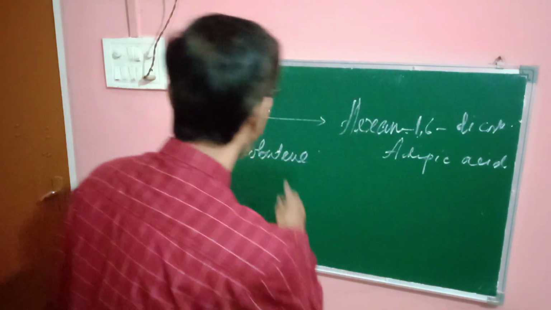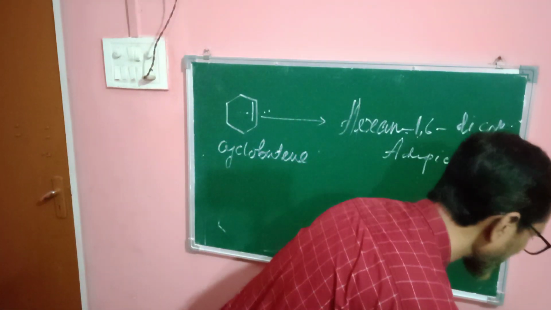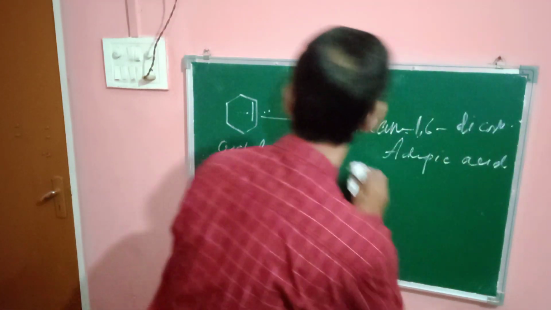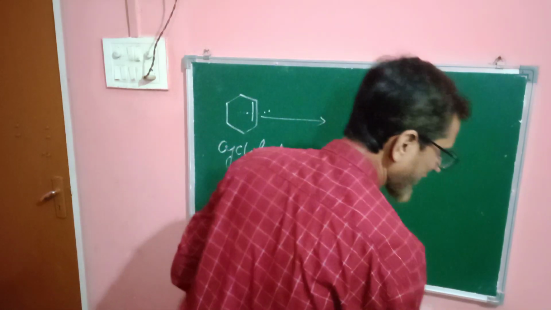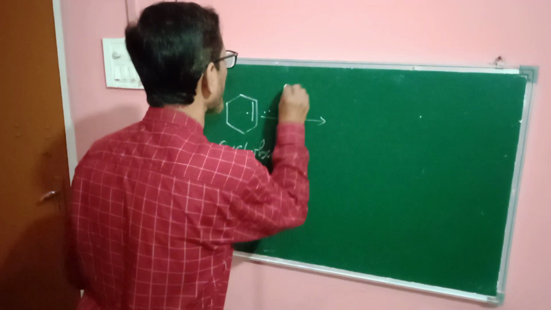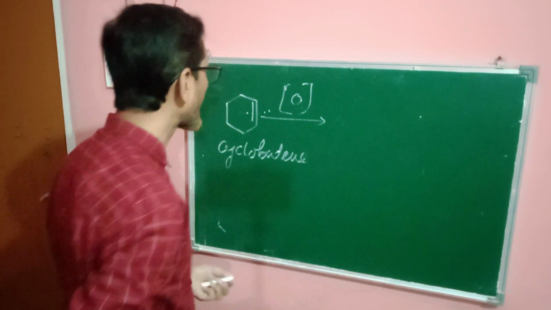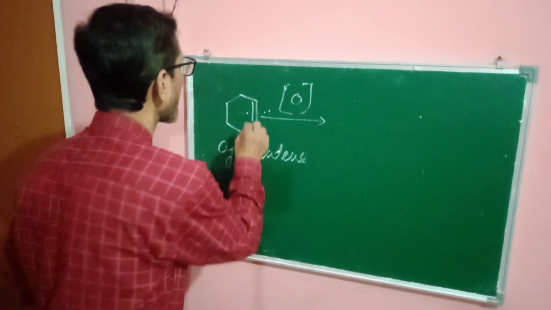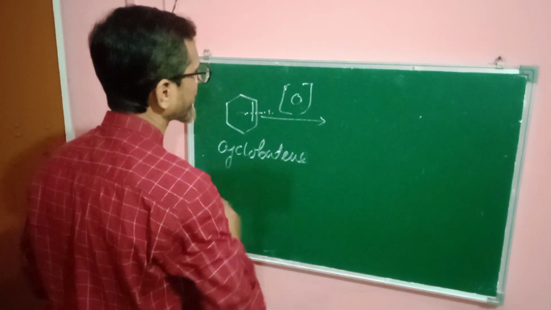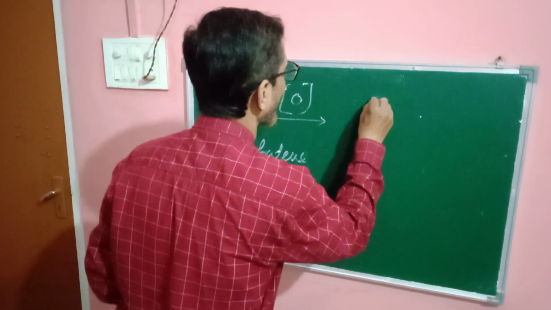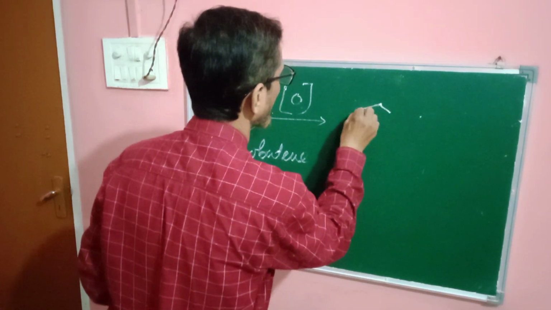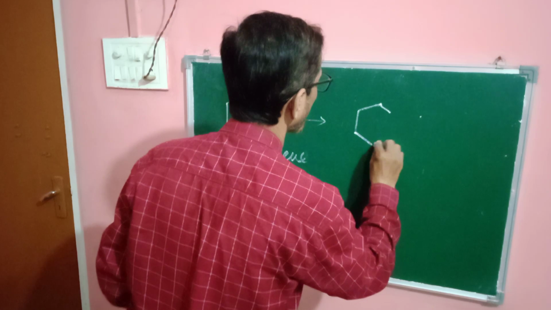So what happens if we use a strong oxidizing agent, KMnO4, with the help of nascent oxygen? That breaks here. So we get the reaction like this.